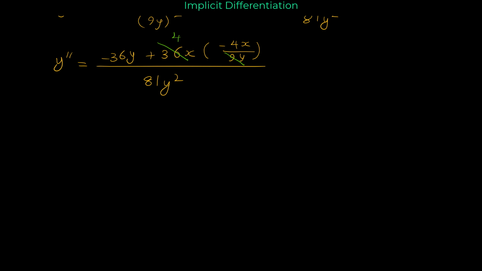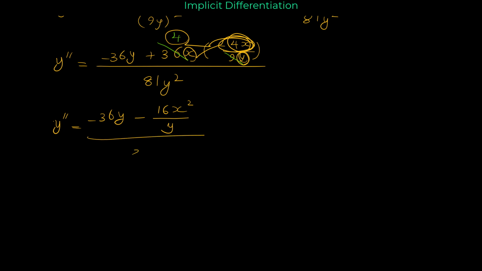So we have this expression for y double prime equals negative 36y plus, we have a 4 here, 4 times negative 4x is negative 16, so negative 16 x^2, because x multiplies by x, so we have x^2 over y, don't forget we have this y in the denominator, all of this over 81y^2. So I have to put this as y double prime here.